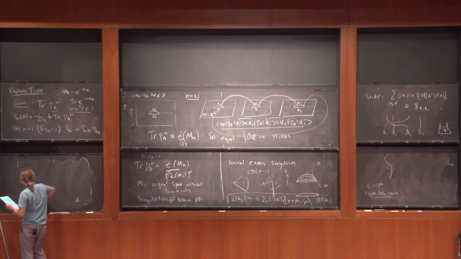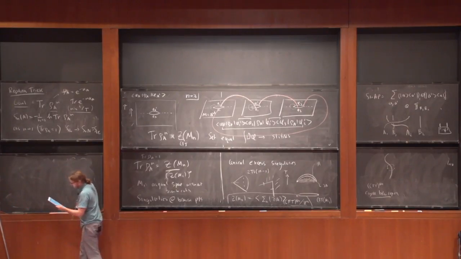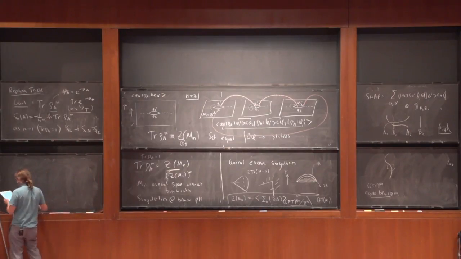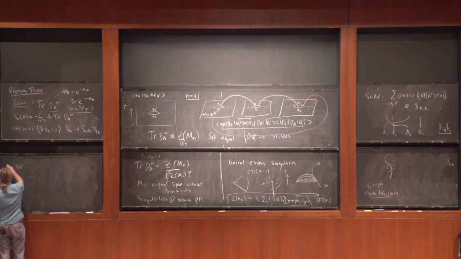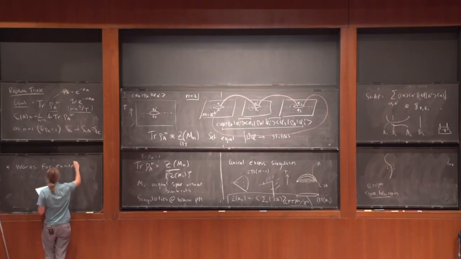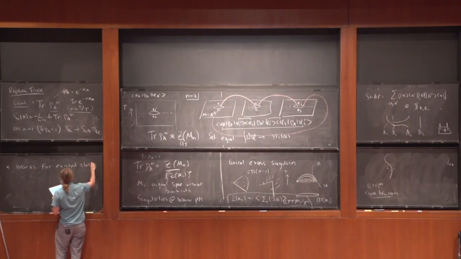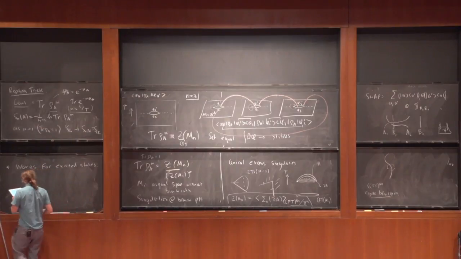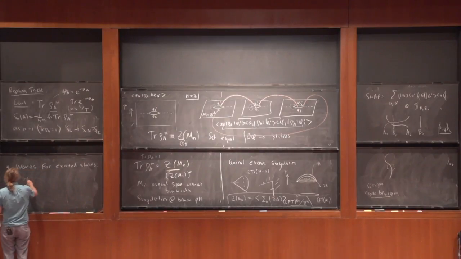As someone had asked, this works for the vacuum state, but it also works for other things, like excited states. There have been quite a few calculations of this, and it seems to work quite well. One way to make an excited state in the Euclidean path integral is to insert an operator somewhere in the lower half plane.